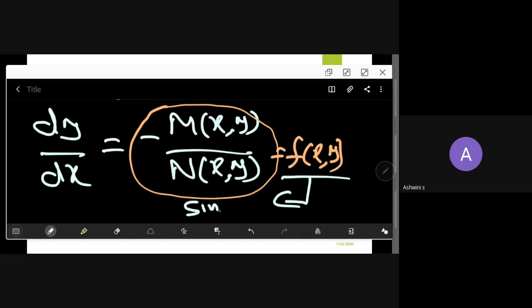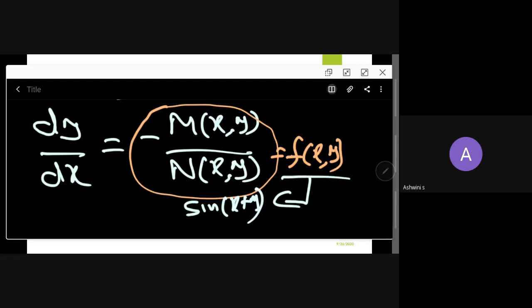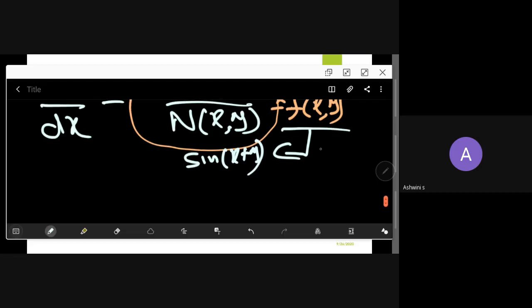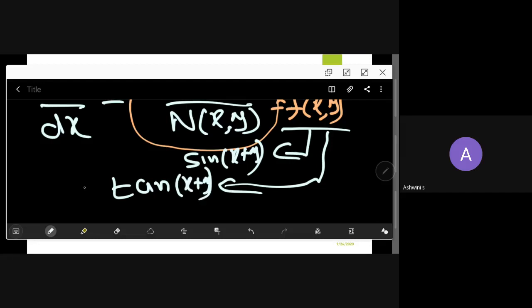If you have this, you cannot write that as M of xy by N of xy. On the other hand, if we have this f of xy as tan(x+y), then you can write this as sin(x+y) by cos(x+y).